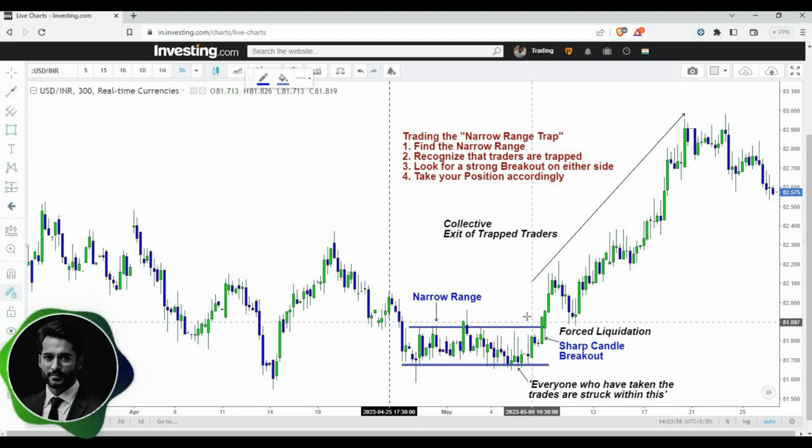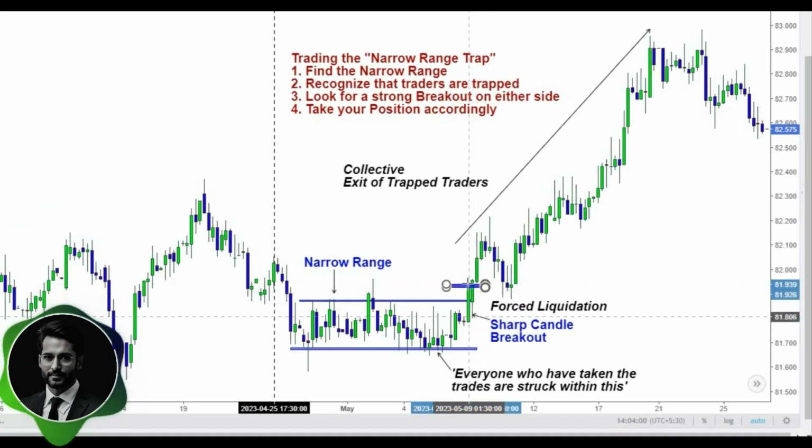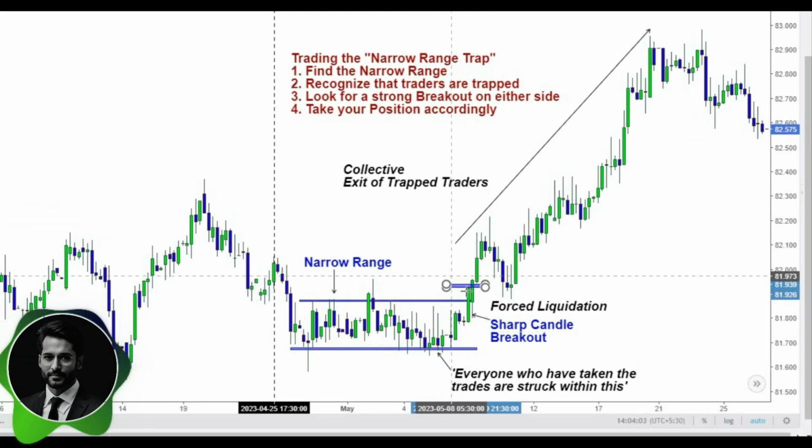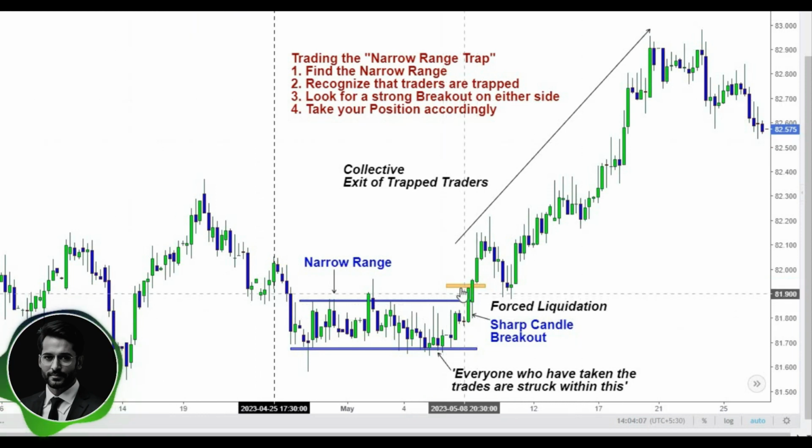What I would have done is most likely take my position exactly after this breakout candle. Let me change the color of this candle over here. You can see this yellow highlight which I have given. I may have taken the trade exactly here, and my entry would have been at this point.